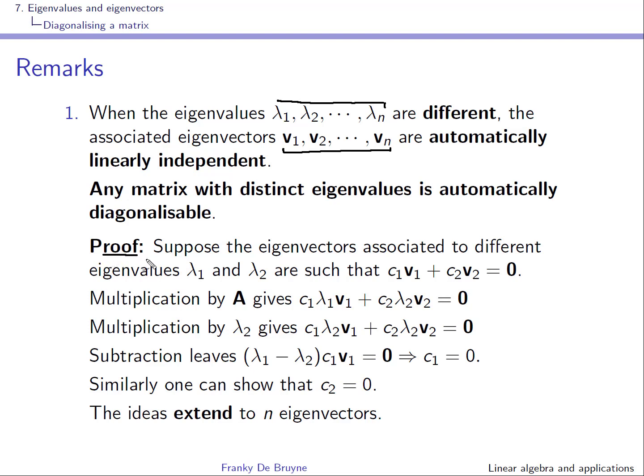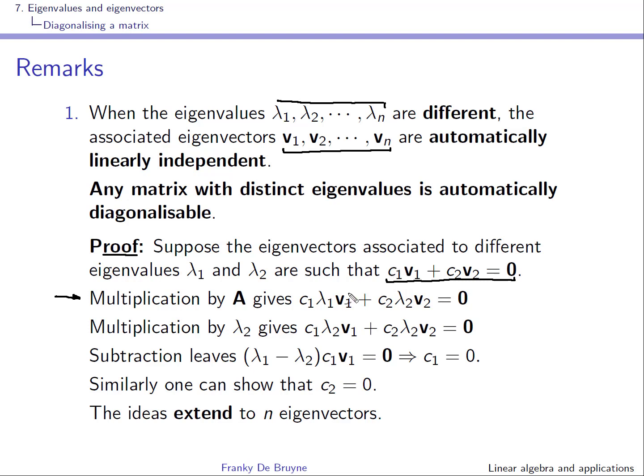So suppose we have two eigenvalues that are different, and we assume that the eigenvectors are linked by this equation over here. What we'll do with this equation: first we'll multiply it by A to the left.